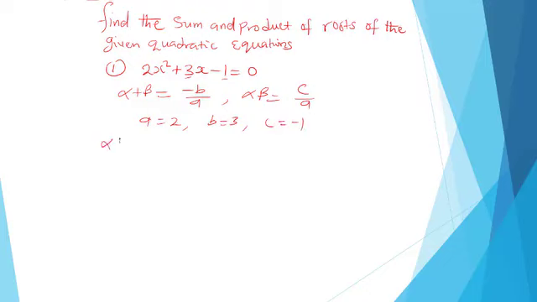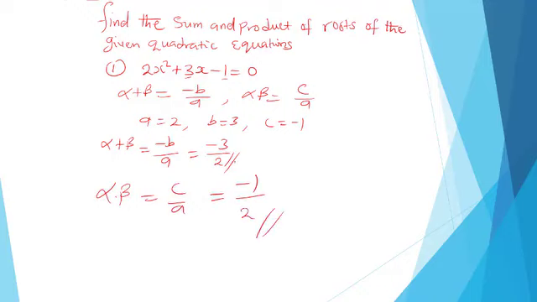Sum of roots alpha plus beta is equal to minus b over a, which is equal to minus 3 over our a, which is 2. And product of roots is c over a, which is equal to minus 1, which is our c, over a, 2. So these are the two answers to this equation.